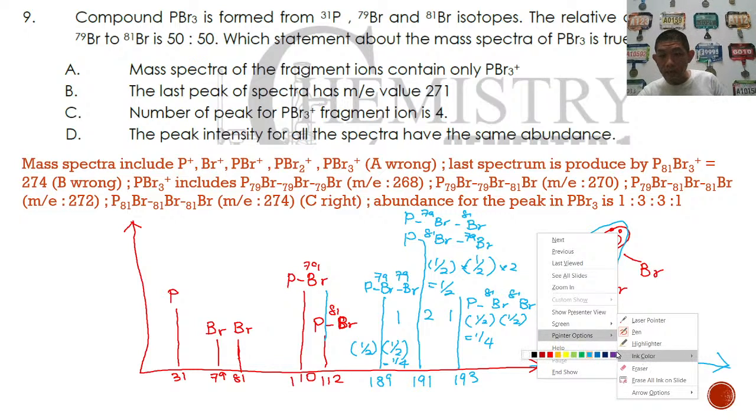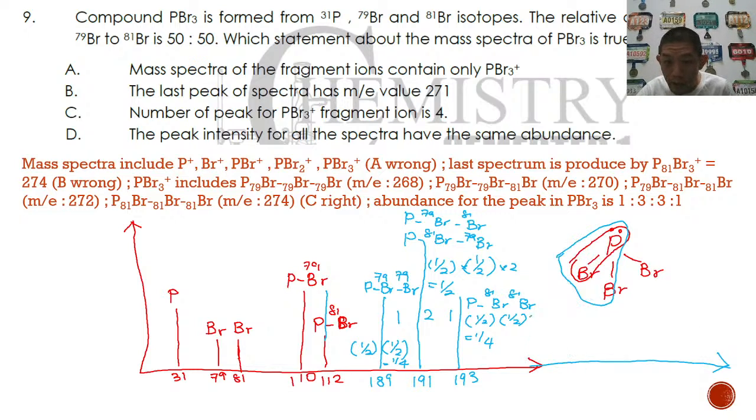You can have 268, then you also have 270, then you have 272, and then you have 274. So these are the possible peaks for the PBr3 whole molecule.